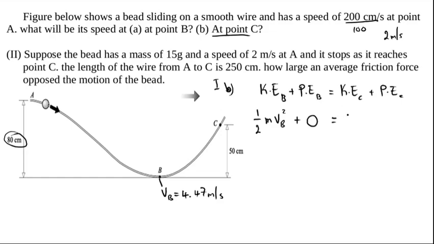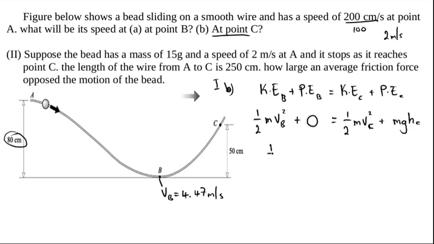Kinetic energy at C is half m v at C squared plus the potential energy at C, which is m g times the height at C. Let's go ahead and substitute. Of course, mass can cancel out. If you divide throughout by mass, mass disappears.